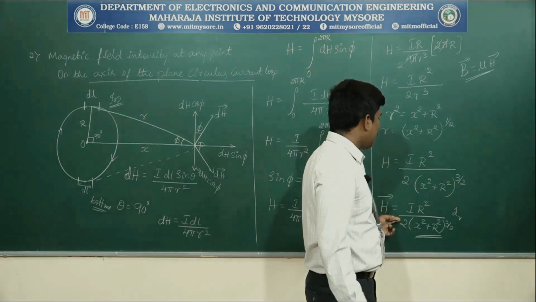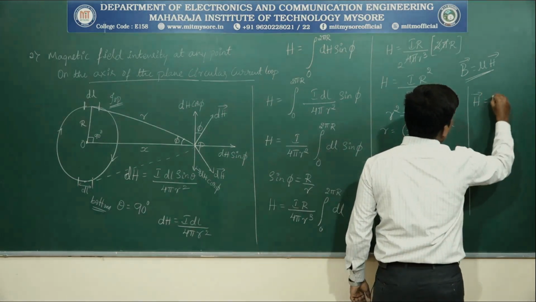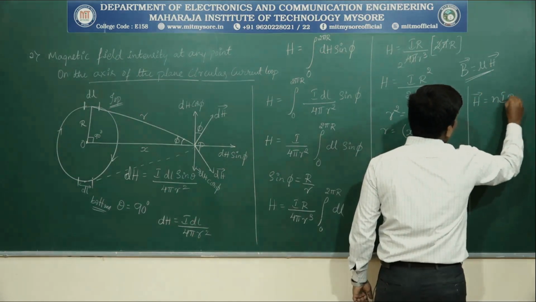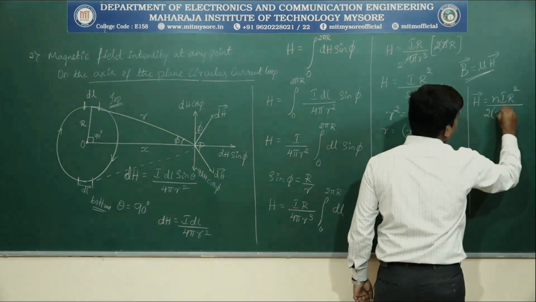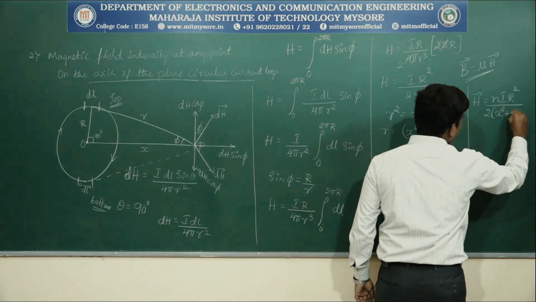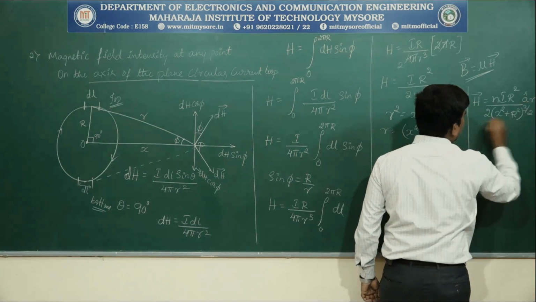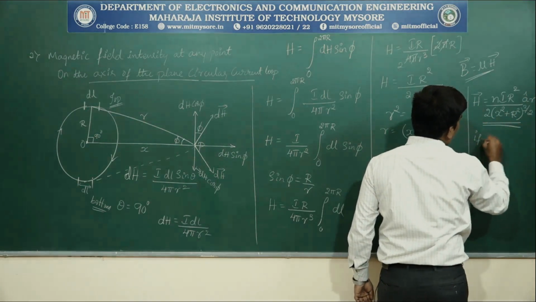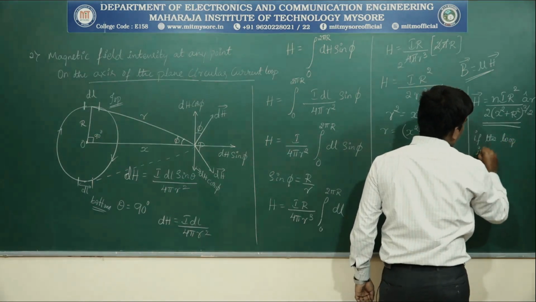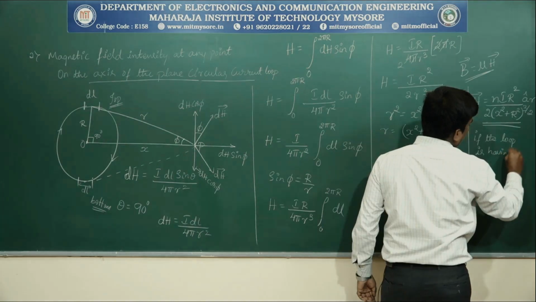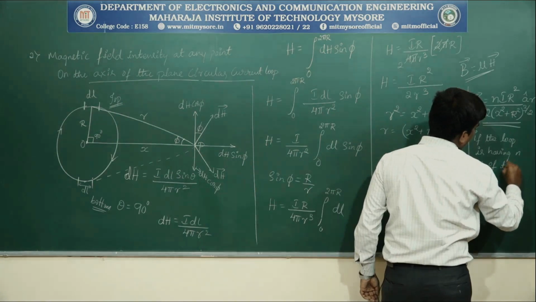Then this equation becomes n into I into R square divided by 2 times of x square plus capital R square whole power 3 by 2 into a cap R. This is the final equation if the loop is having n number of turns.